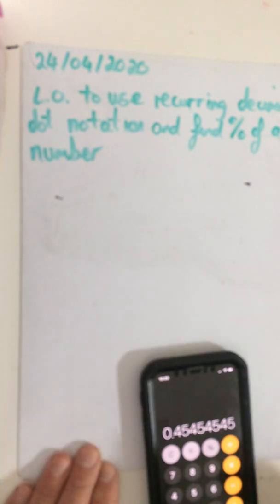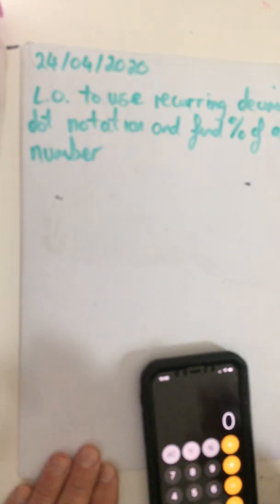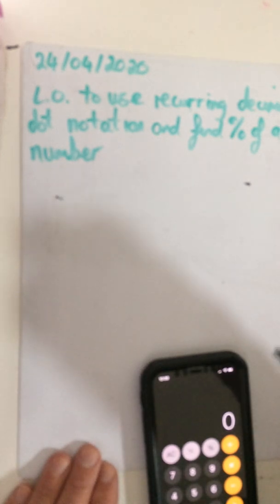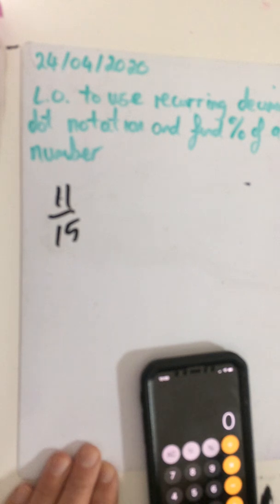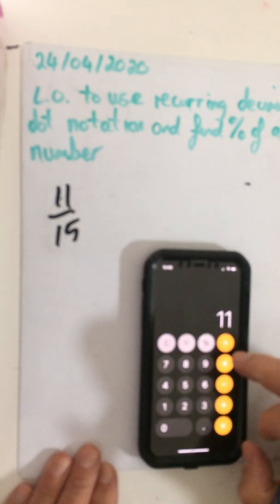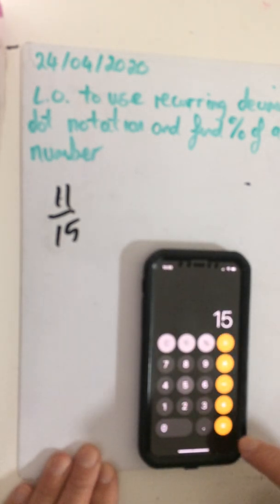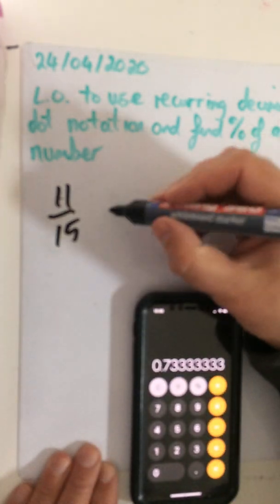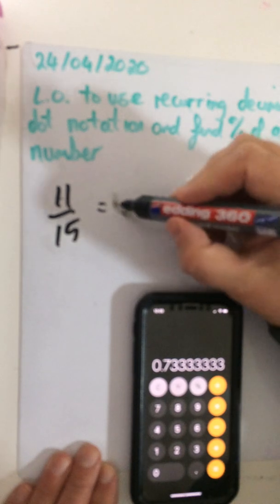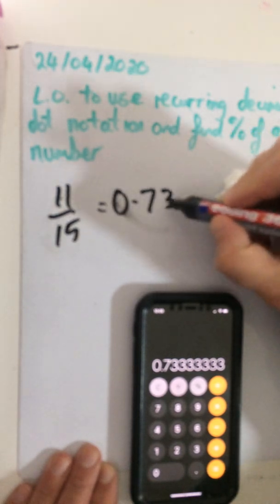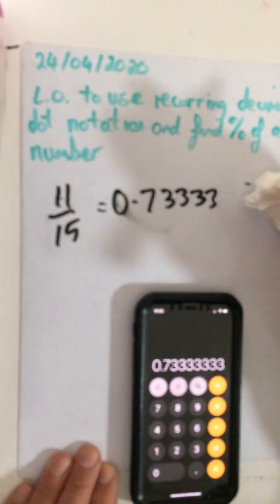Let's do 11/15. On our calculator, 11 divided by 15 equals 0.7333, and so on.